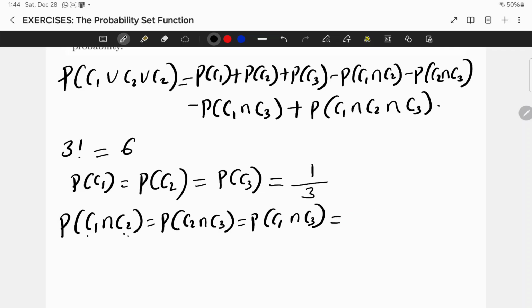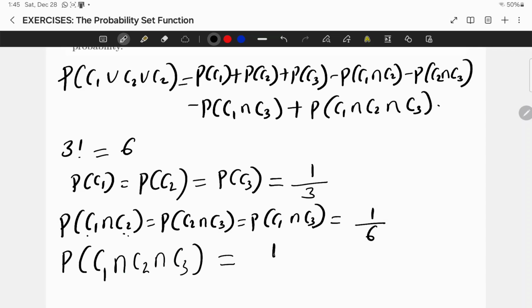And that means we have 1/6 for each of these cases, because we have 6 ways to permute. Lastly, the probability that C1, C2, and C3 are all correct is just 1/6, one possible way to put in the letters.